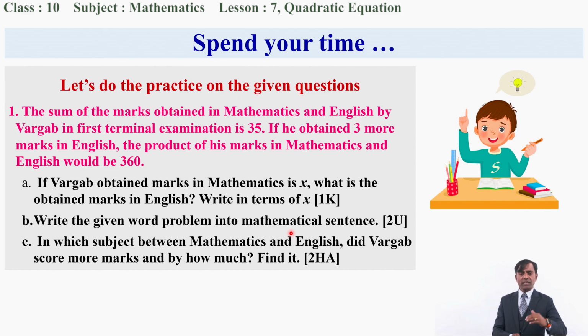According to the given context, let's do number A, number B, and number C, which belong to 1 mark, 2 marks, and 2 marks. Knowledge level, understanding level, and higher ability type questions are also here. Please solve them, and if you have some problem, you can take help from this video, this class, and you can ask your teacher, and complete this work.